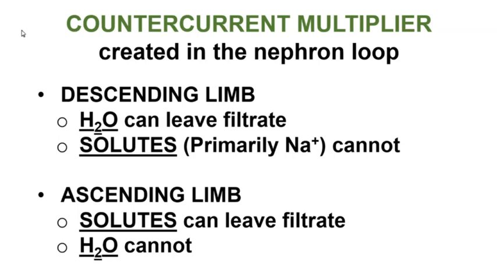And what you see is that the descending limb is permeable to water. That is, water is able to leave the filtrate and enter the tissue within the kidney. So essentially, look at it as the kidney reclaiming water that might otherwise be lost in the urine. The water that's leaving the filtrate is essentially going to be recaptured by the body in the kidney.